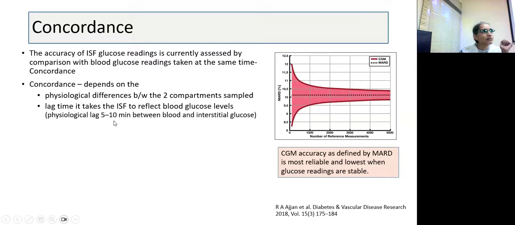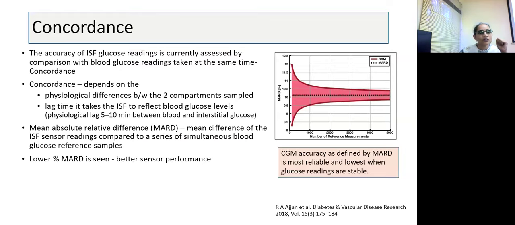Normally there is a lag time of 5 to 10 minutes for the glucose to transmit from the capillary to the interstitial fluid. That much of a delay is an expected delay. There is a measurement known as mean absolute relative difference, which is the mean difference between the sensor readings compared to a series of simultaneous blood glucose reference samples.